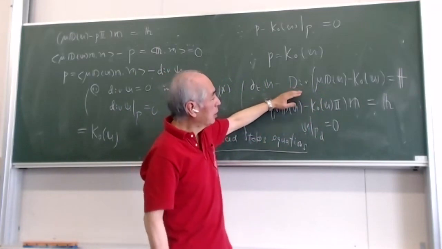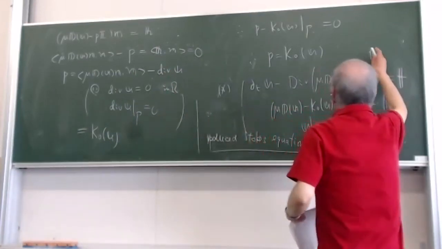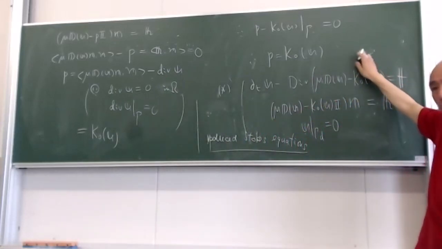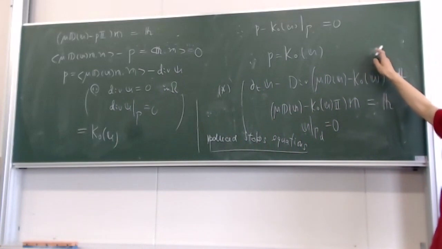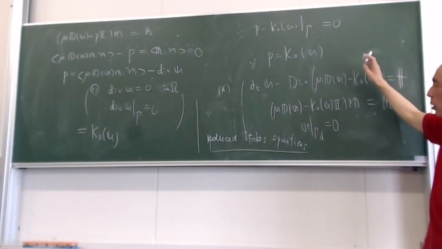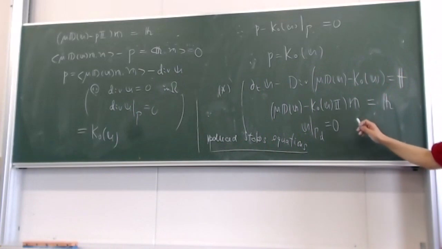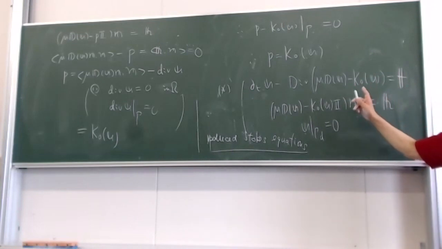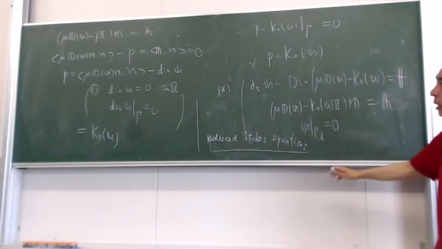Because in the semi-group setting, if p appears, then we need the equation also for dtp, but we don't have any dtp. Therefore, the only way to formulate the problem in the semi-group setting is to eliminate the pressure p, and this is the way to eliminate the pressure p. So K0u is a functional of u.